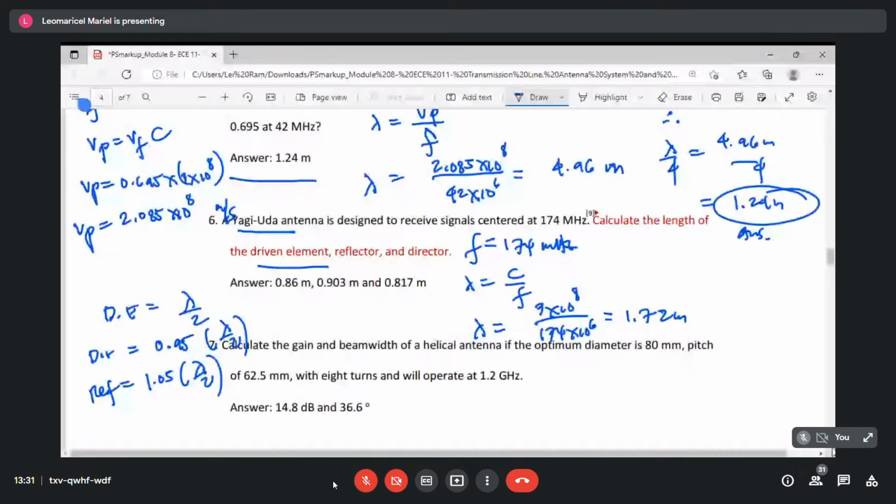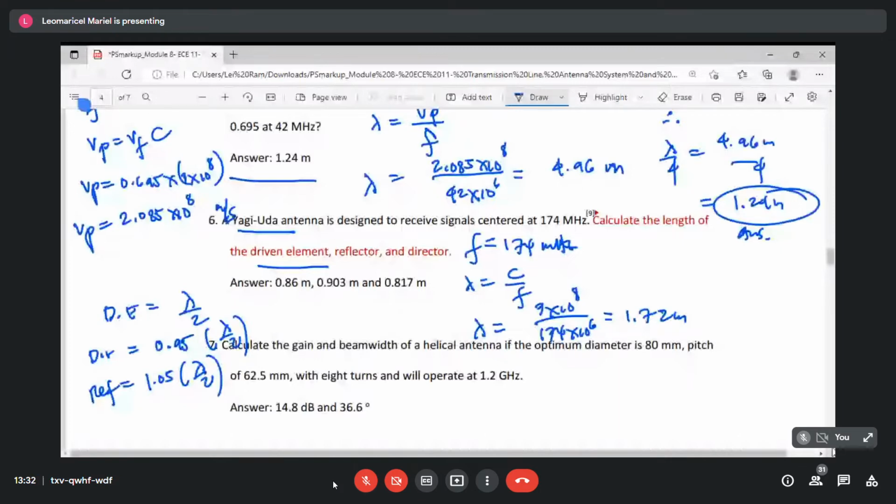So the director is equals to 0.95 of 0.86. Ilan? 0.817 meters. Yun. Then the reflector, mas malaki siya. So that is 1.05 of 0.86, which is 0.903.